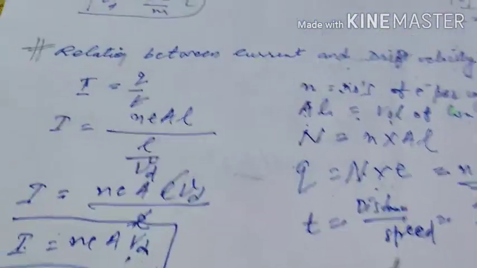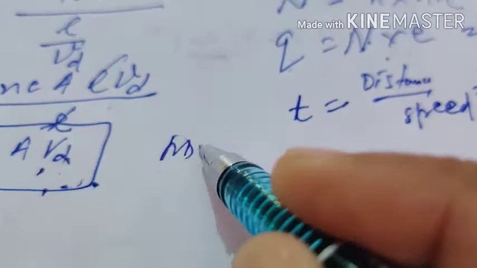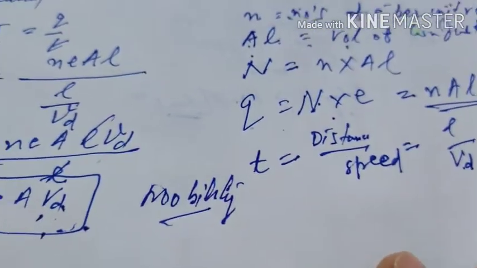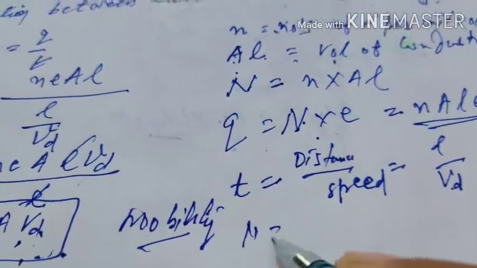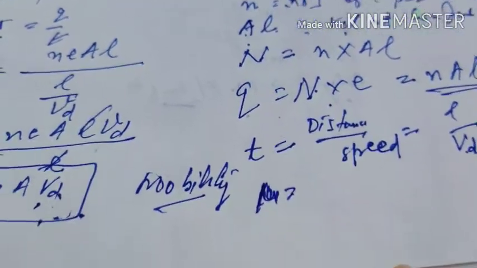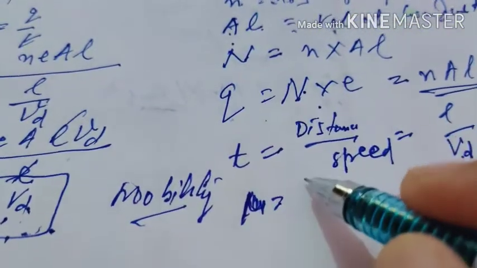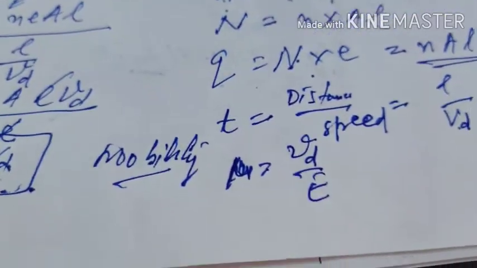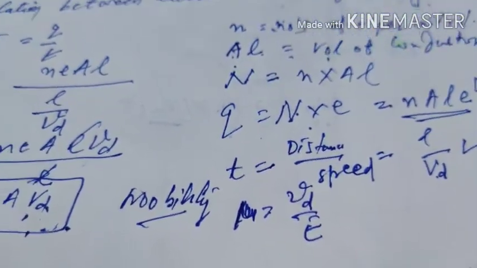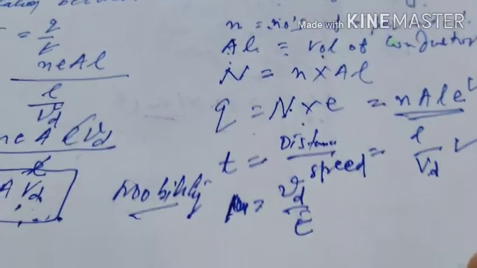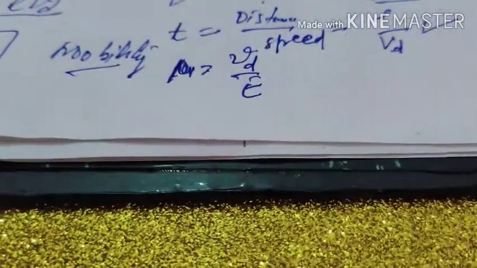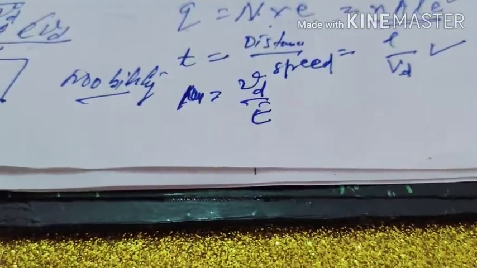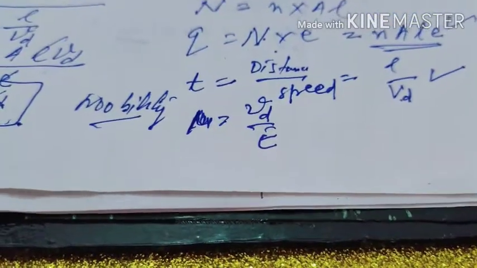Now there is one more term that is called mobility. What is mobility? It is denoted by mu. So what is mobility? Drift velocity of the charged particle per unit electric field. I am repeating it again, that mobility of a charge carrier is defined as drift velocity of the charge carrier per unit applied electric field.